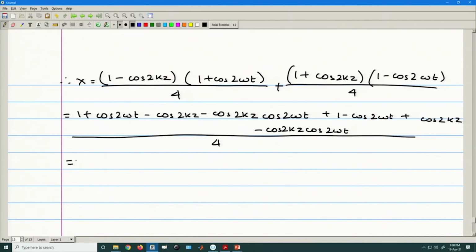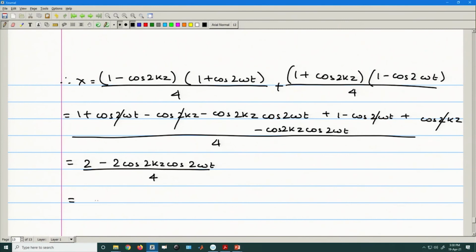So, this cos 2 omega t and this cos 2 omega t cancel out, and again this cos 2 kz cancels out. Okay. Now, we will have 2 minus 2 cos of 2 kz cos of 2 omega t, okay, divided by 4.